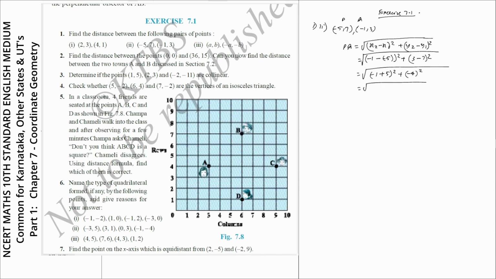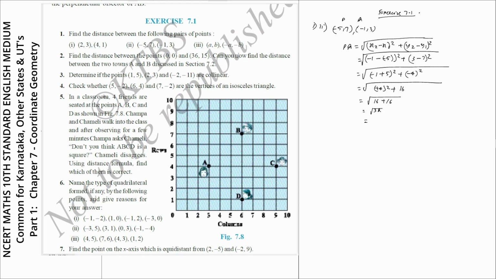So this is equal to, now minus 1 plus 5 is plus 4 the whole square, so plus here minus 4 the whole square is minus 4 into minus 4 is plus 16. 4 4s are 16. Now again I'll get here also 16, 16 plus 16 I'll get. So this is equal to 32.